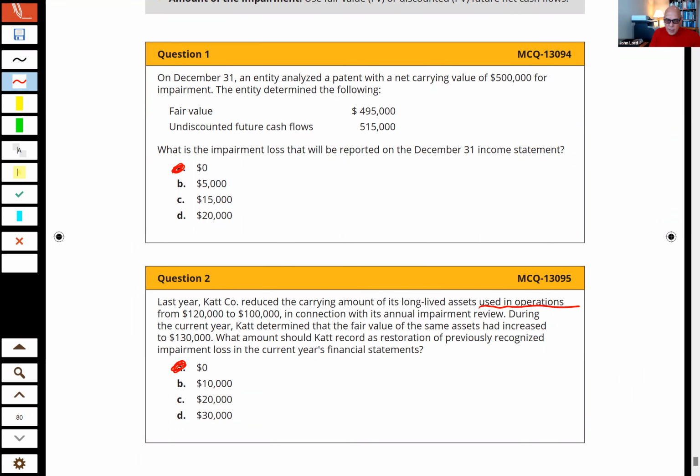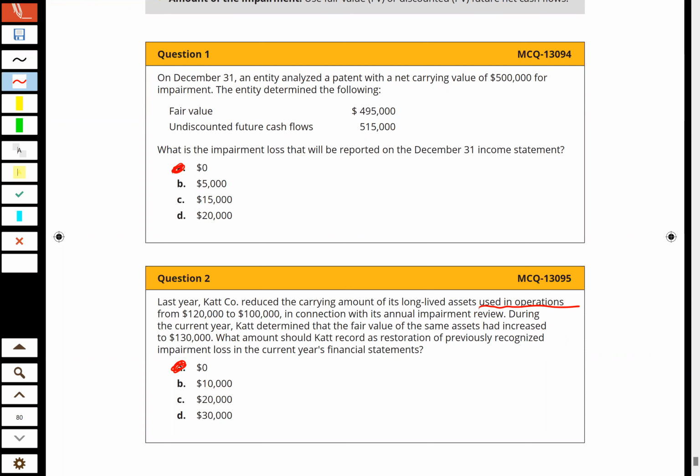Question? Is there any kind of asset where it would be written back up? Other than maybe a trading security or something? Well, we're not talking about securities now. We're talking about intangible assets and fixed assets, not financial securities.